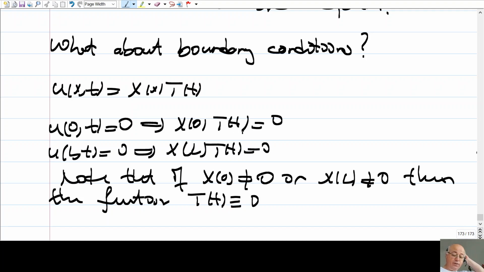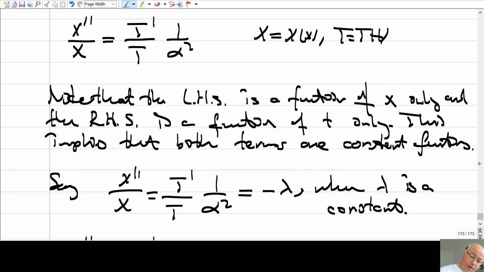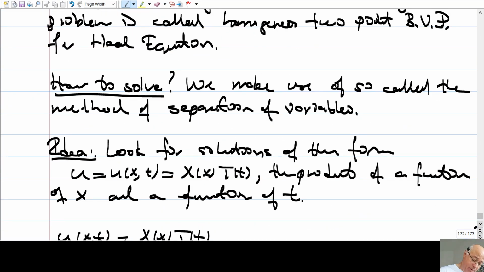Because this constant times the function is 0. And thus u of x, t would be just the 0 function, 0 for all x and t. But that's not interesting, right? And that's not actually something we want.